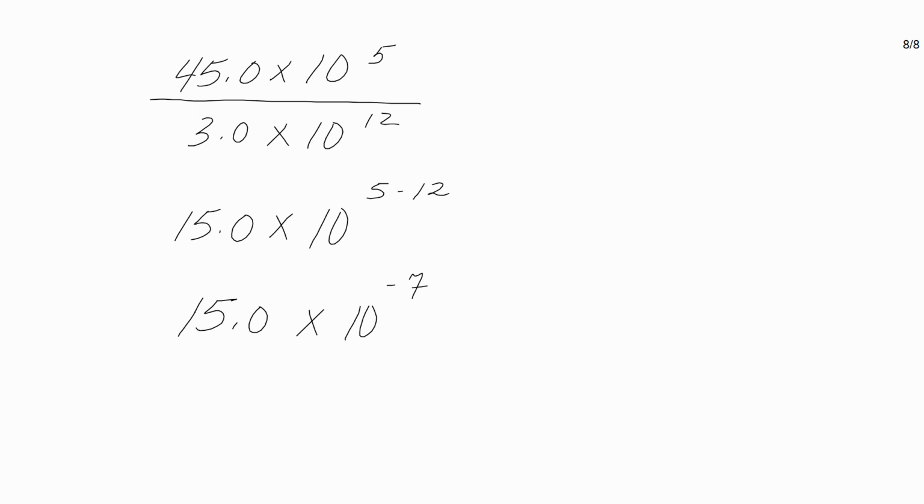Okay, so we need to move this one place. Negative 7, blank 1. Which way do we move this in our head to get it back the way it was? So 1.5 times 10 to the negative what? 6.